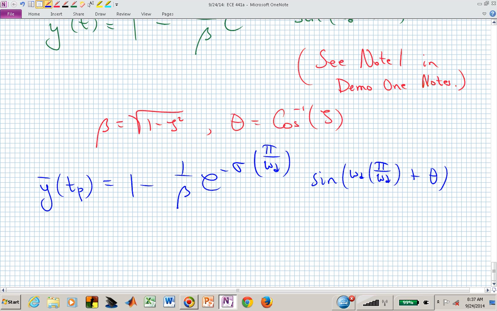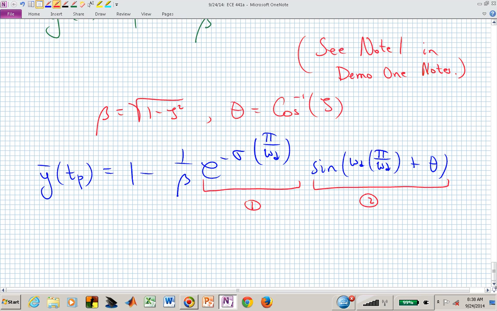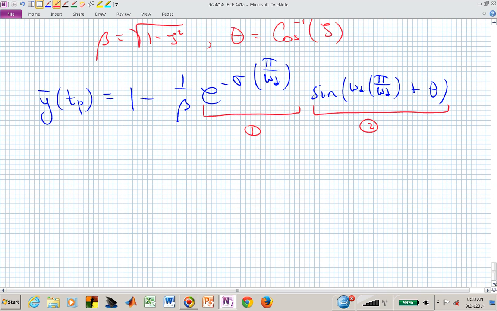And let's look at this in two different parts. We have part number 1 and part number 2, and we can separate those out and evaluate them separately. What's happening for these two different pieces? Piece number 1, we have e to the minus sigma pi over omega sub d, where this was just the peak time.